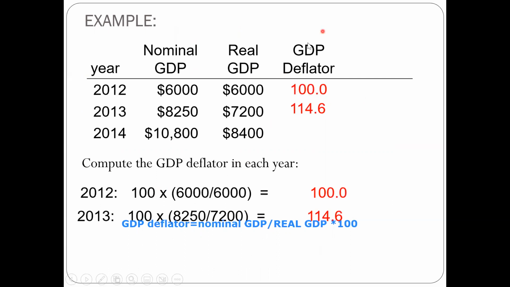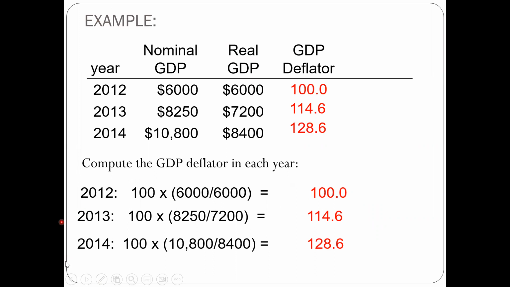In the second year we calculate it with the same formula, and we notice that there was a change and an increase in the GDP deflator from 2012 to 2013. We had a change of 14.6%. For 2014, we have a change of 28.6% from the year 2012.